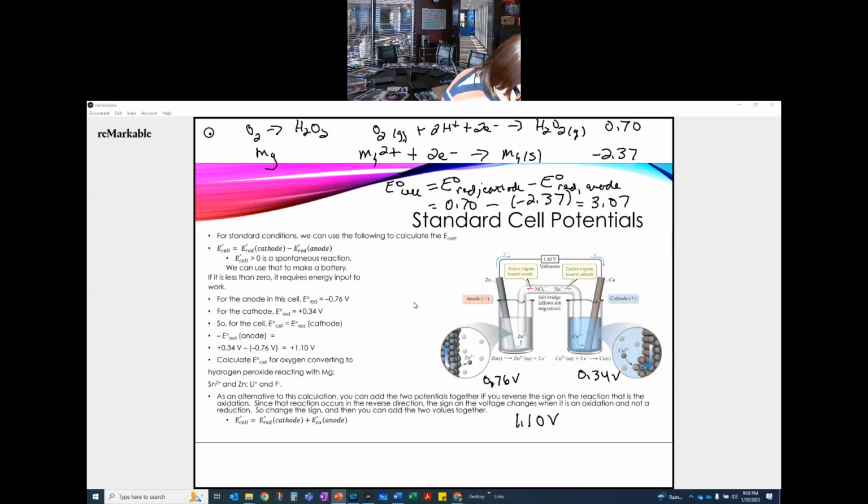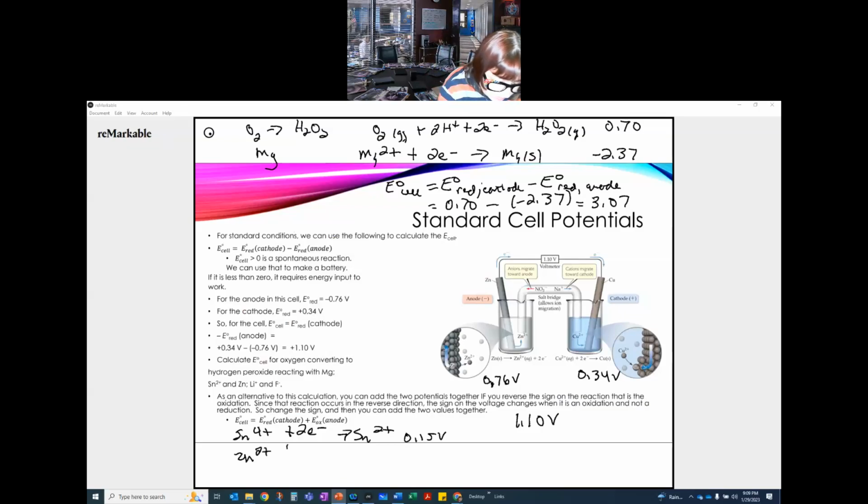Okay. Sn2+ and Zn. Alright, I see Sn2+ is here, so I have a reaction that says Sn4+ plus 2 electrons gives me Sn2+, and that's 0.15 volts. And then my Zn, oh, it's right there.